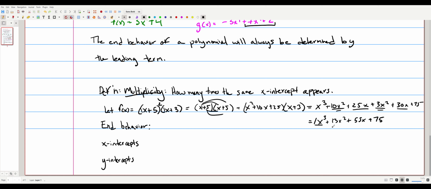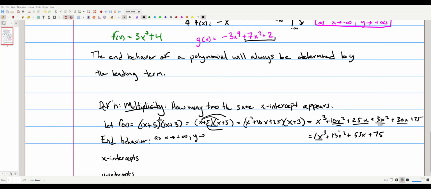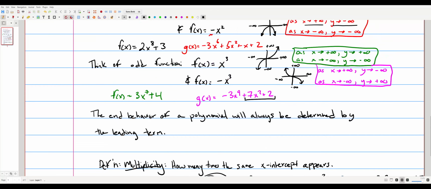And so now we know what our leading term is. It's an x cubed, and so we know our end behavior now. What does that mean? It just means that as x approaches positive infinity, y is going to do the same thing it does for the regular x cubed function.